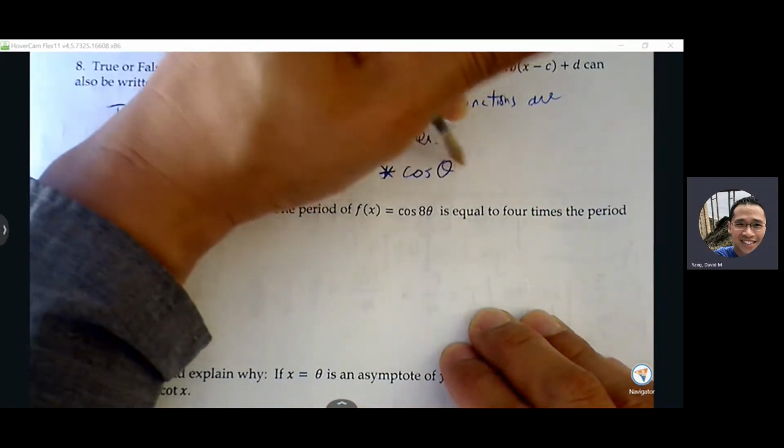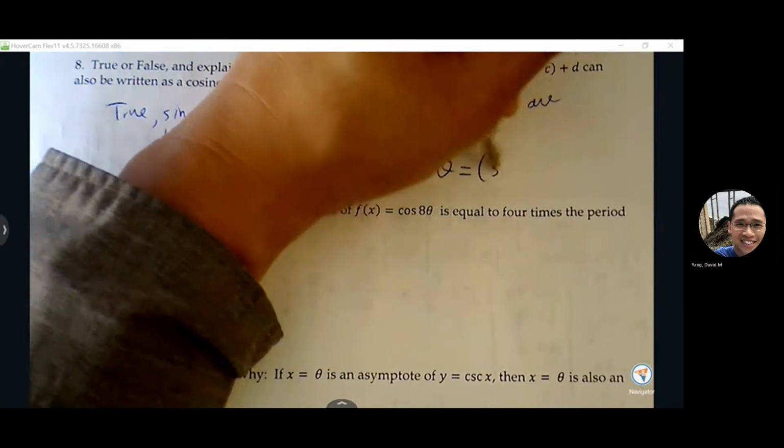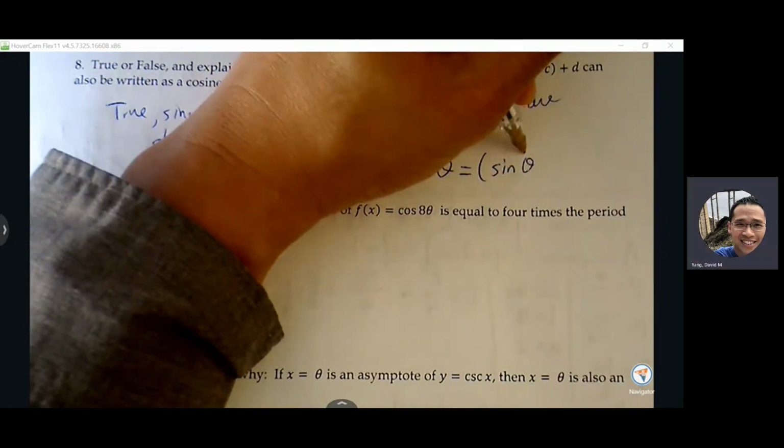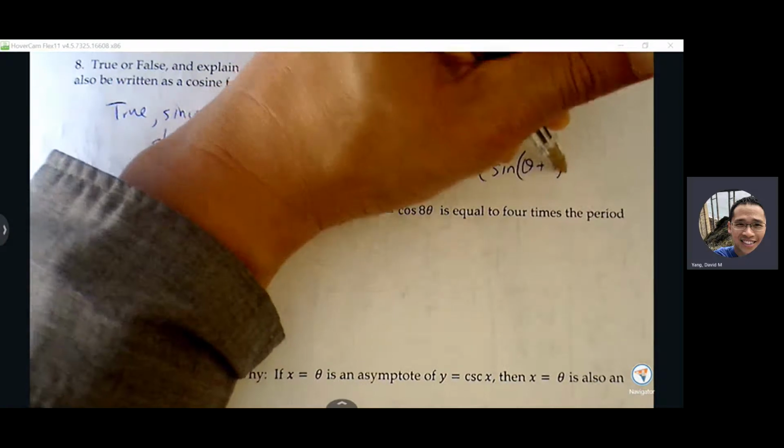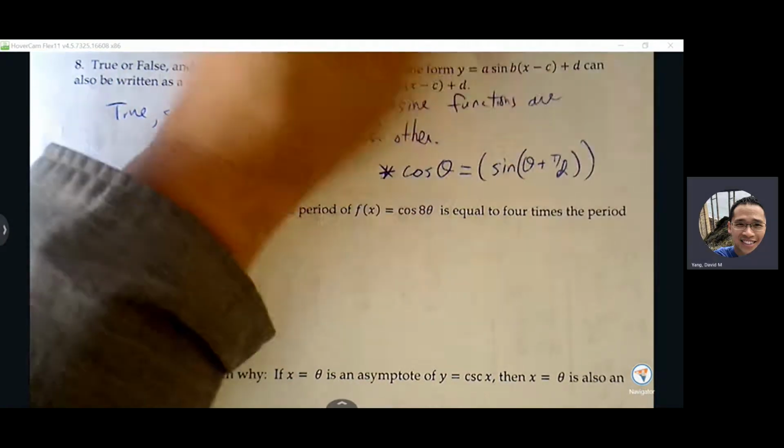And here's one example. Cosine theta is basically the sine shifted to the left pi over 2. That's the parent.